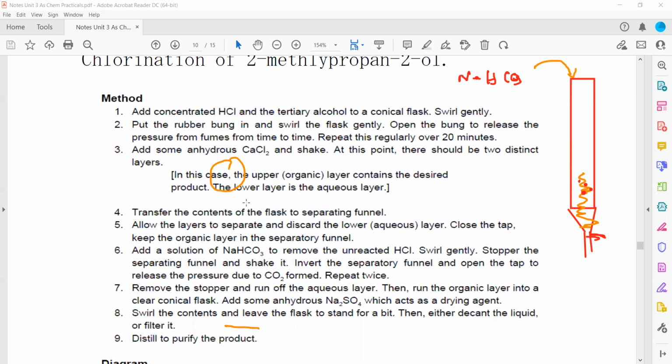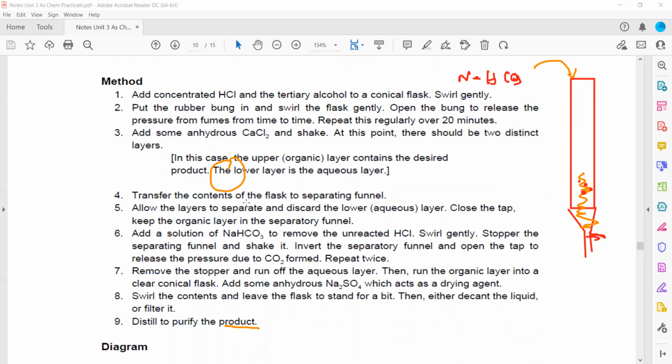Then from time to time we gently open this tap to reduce the pressure. We put the stopper on the separating funnel, shake it and invert it many times so that it mixes thoroughly, and we open the tap to reduce the pressure.